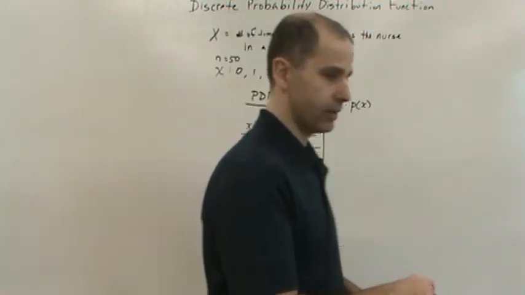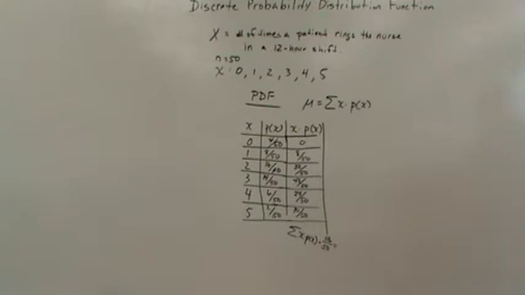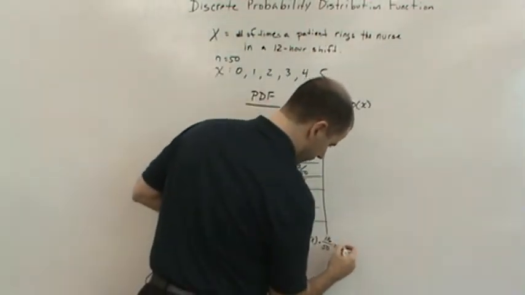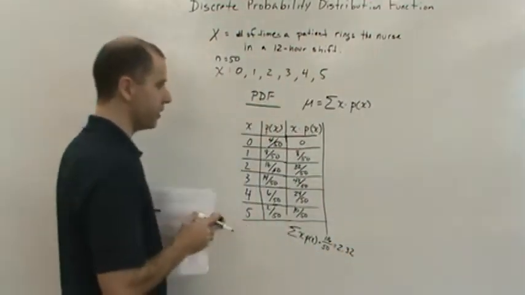Let me get my calculator. So I get 2.32. Or I can just use the formula, right?